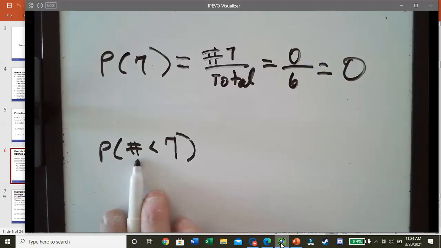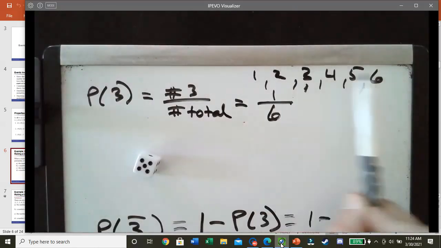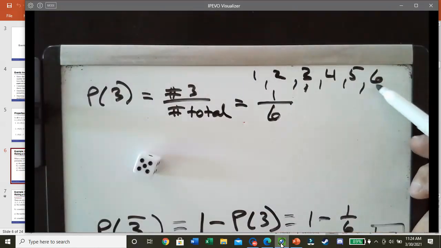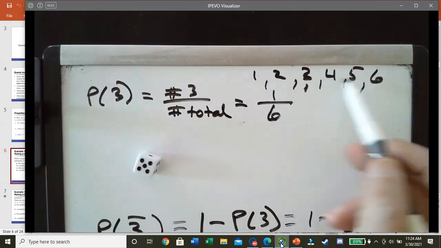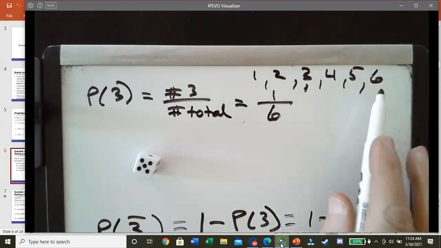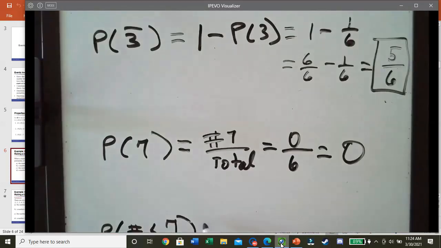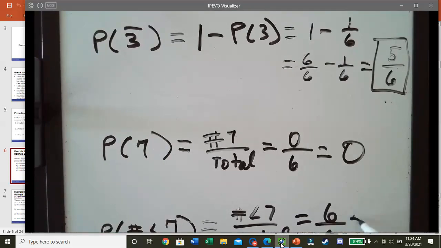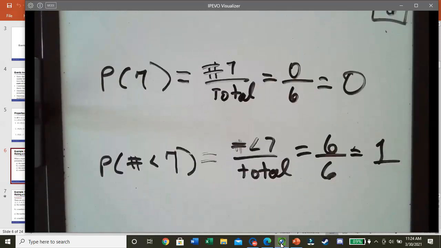So the probability of a number less than 7. Well, basically a number less than 7 is all of them, right? So basically that's all 6 of them. So numbers less than 7 over the total, there's 6 less than 7 over total is 6, so that's a probability of 1, right?